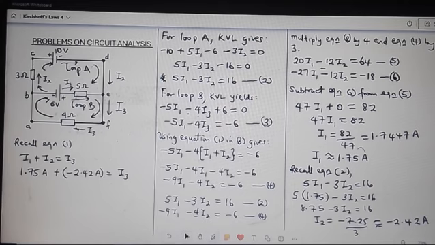So we have 1.75 minus 2.42 ampere equal to I3. Therefore, our I3 is equal to minus 0.67 ampere.